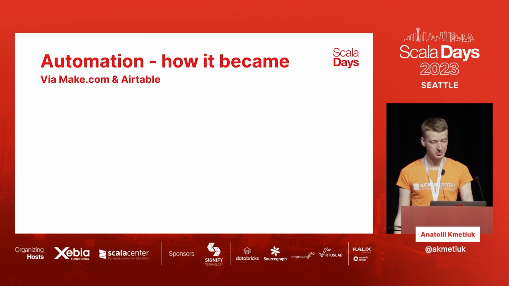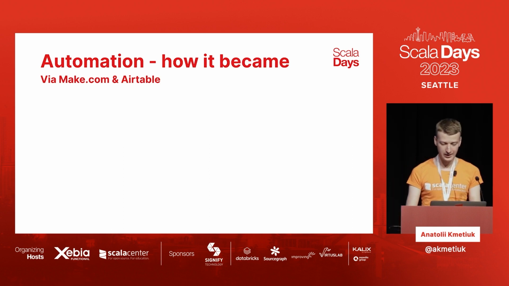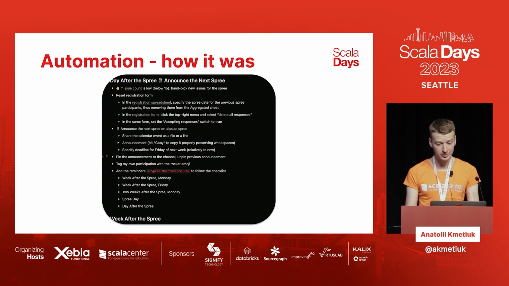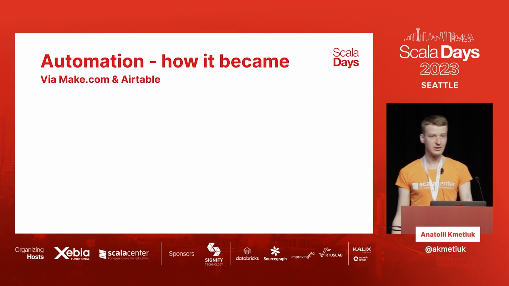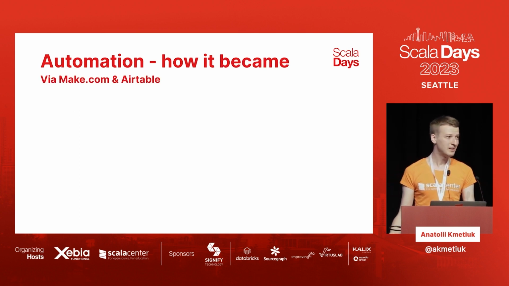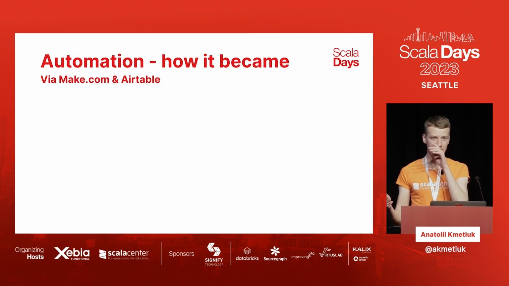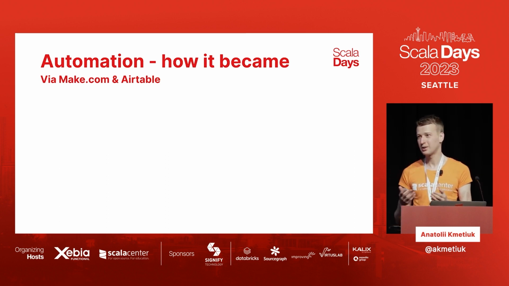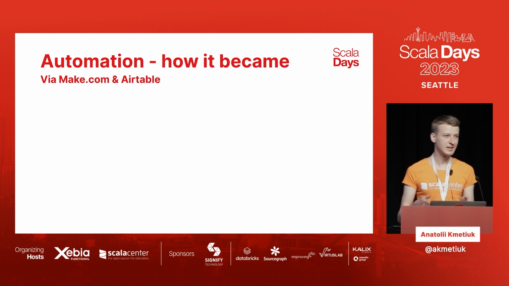So the solution for me was to make this checklist automated, but this cannot be automated in a naive way, as in take a Scala script, for example, and write a Scala program that would contact the APIs of the services that you interact with and do all the communications.